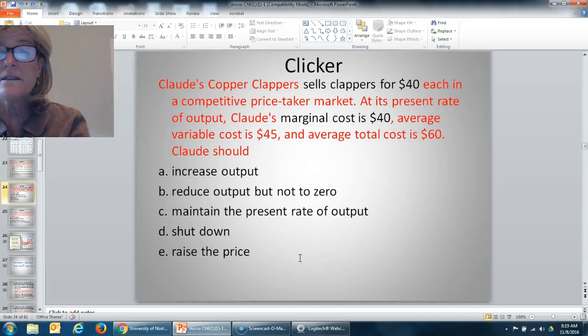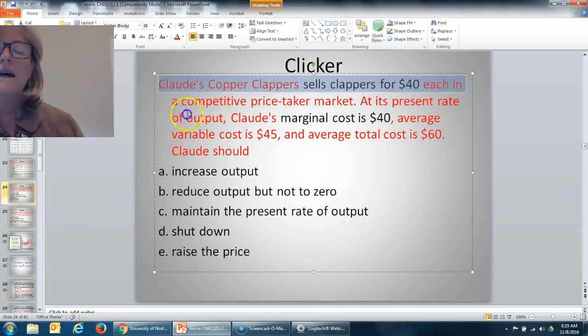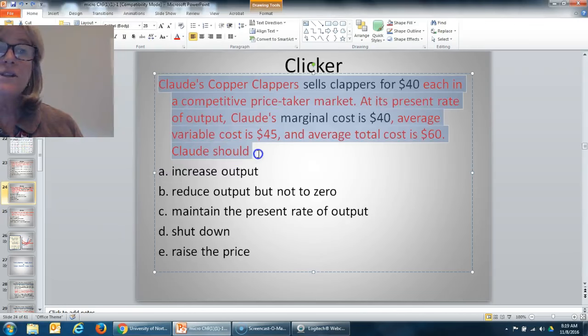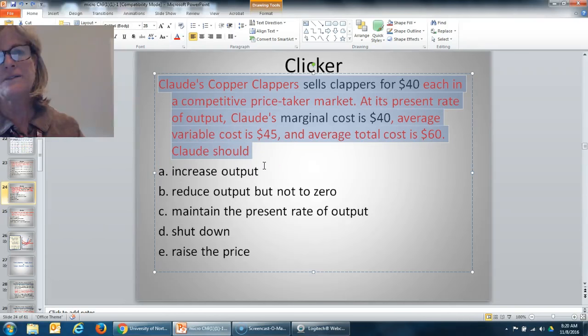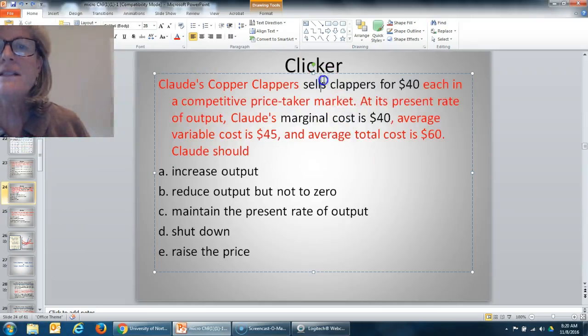This is kind of putting into words what we did numerically and graphically. You've got to get used to transforming words into graphs, so that you know that if they sell clappers for 40, then that's the price, and that's also the marginal revenue in Chapter 9. The marginal cost, and then the variable cost per unit, and total cost per unit.